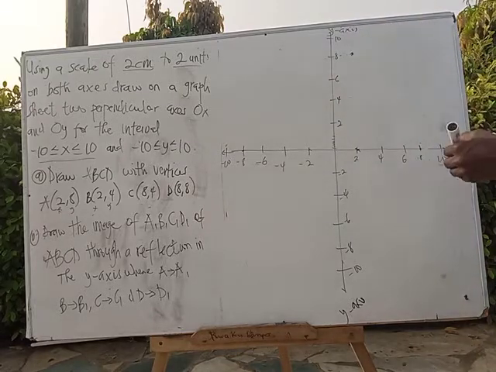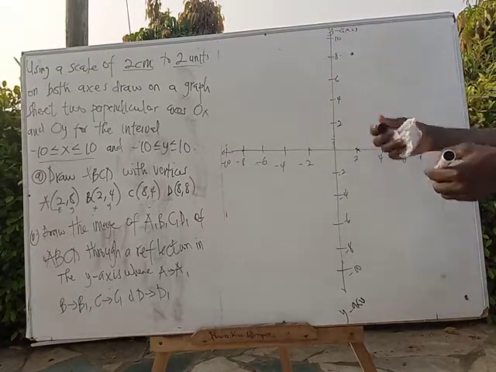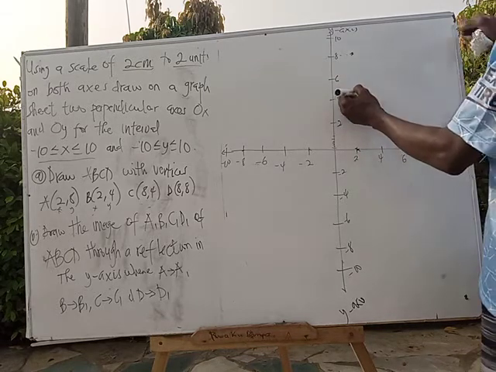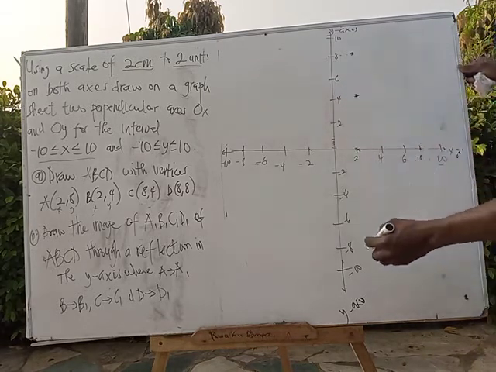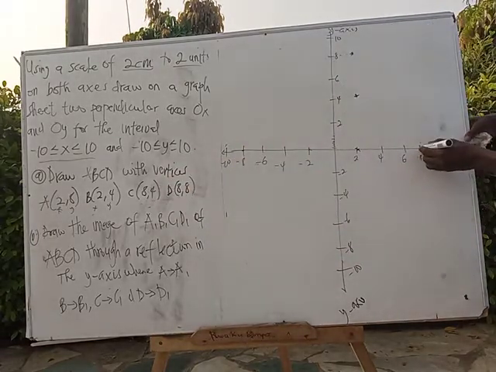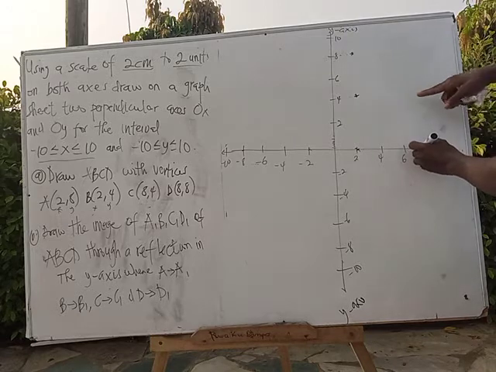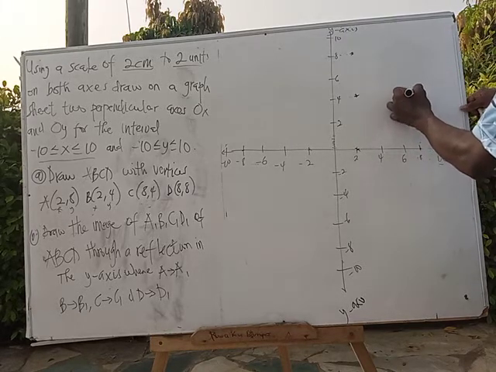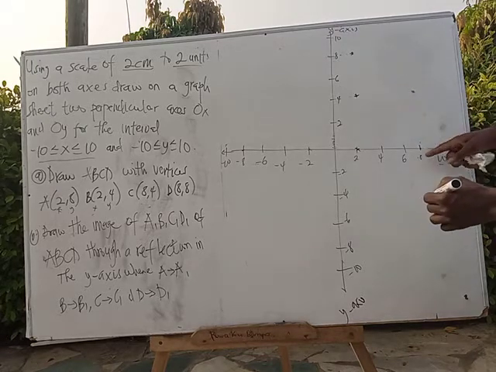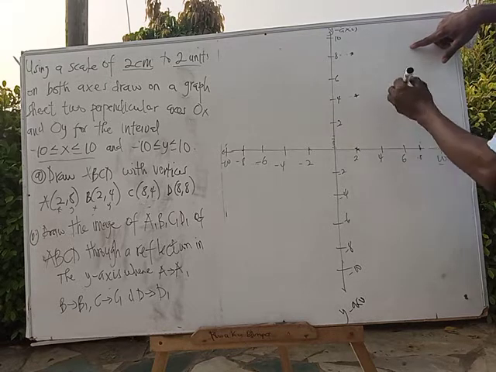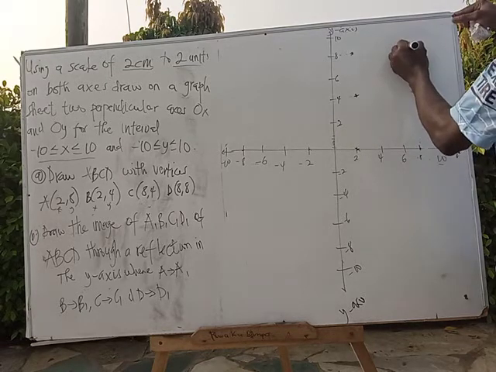Go to the next point, B. x is 2 and y is 4. Then let's try C. x is 8 and y is 4, something like this. Then D, x is 8 and y is also 8.